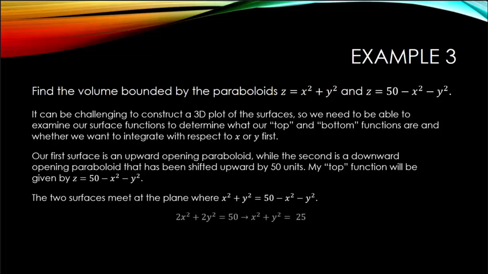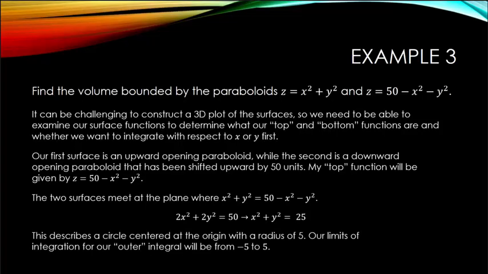This gives me a circle described by x squared plus y squared is equal to 25. In other words, my two surfaces meet at a circle centered at the origin of x and y with a radius of 5. Our limits of integration for our outer integral will be from -5 to 5.